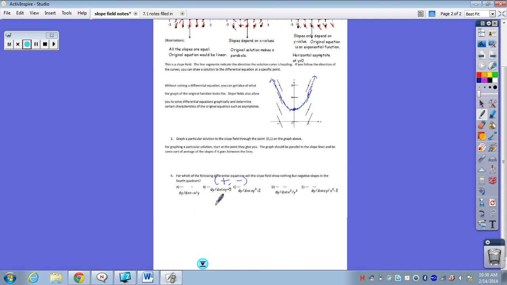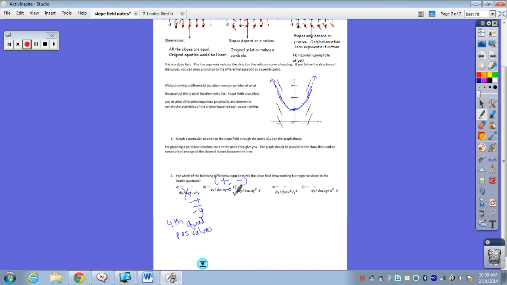So the first one is negative x over y. So if I plug in a positive x over a negative y, I get a negative over a negative, which is a positive. So for the 4th quadrant, we would get all positive values. So A is not our answer.